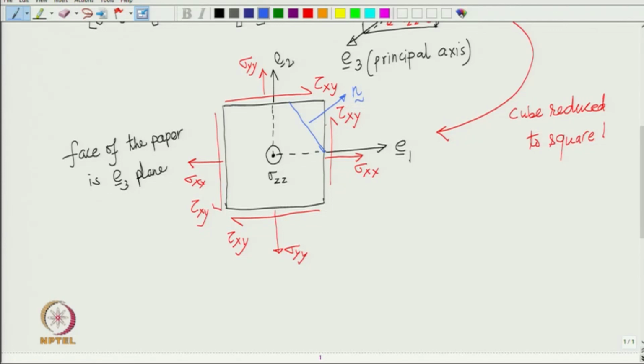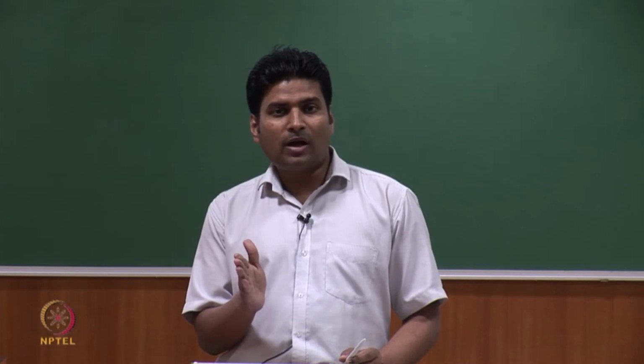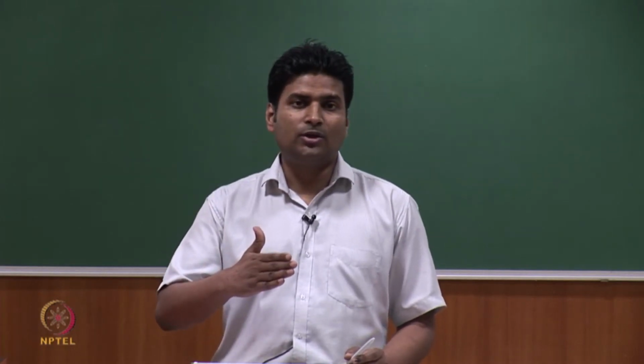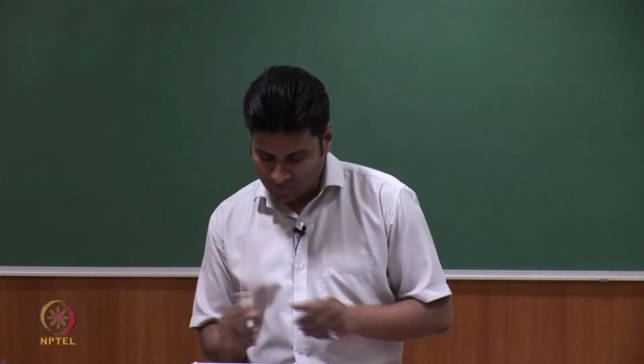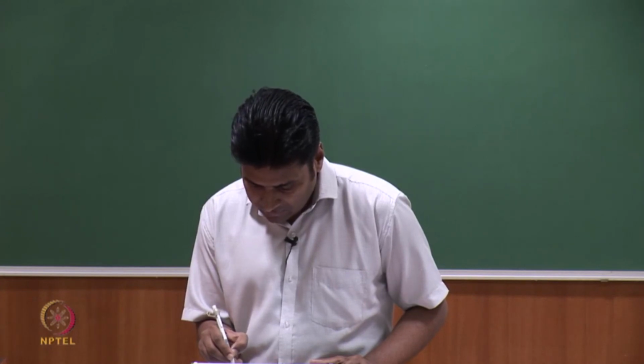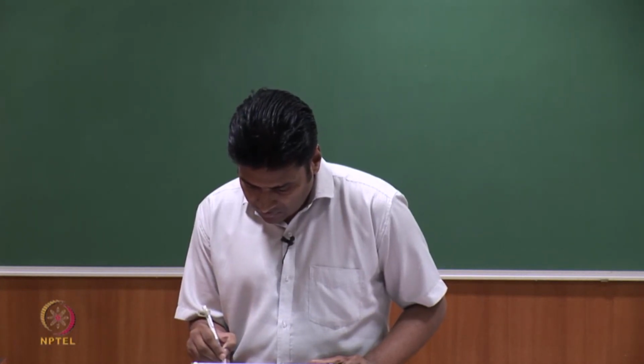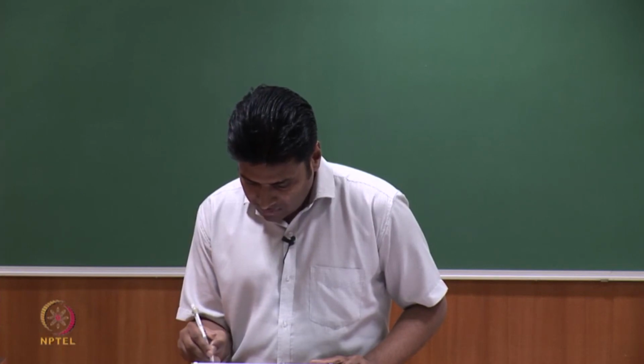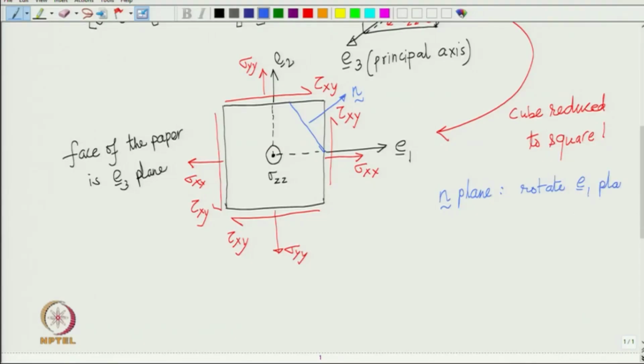Okay. Suppose that the normal makes an angle alpha from the E1 axis. Okay. So, we have the E1 plane rotated by alpha degree about E3 axis to get your n plane. Okay. So, n plane by definition is then rotate E1 plane by angle alpha about E3 axis.